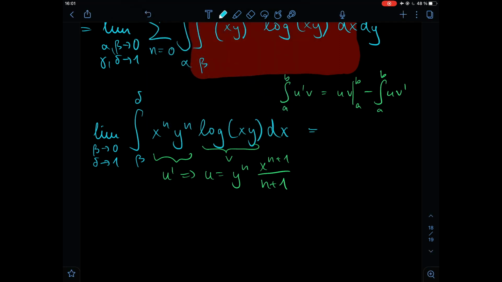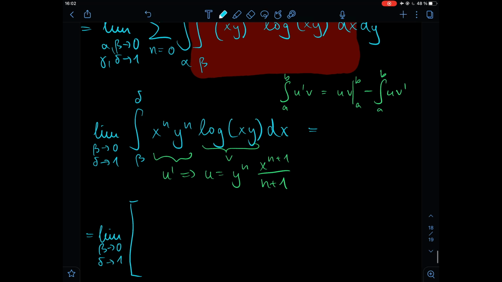So let's solve this integral with integrating by parts. So we have the limit of beta going to 0, delta going to 1, and then we open the brackets for our two terms that we get from the integrating by parts.